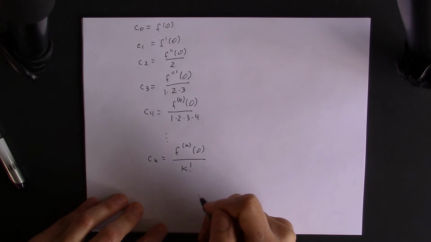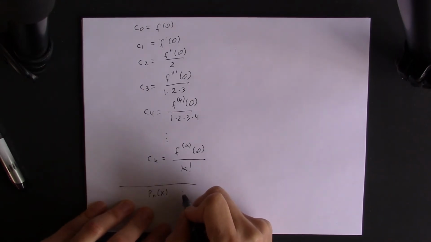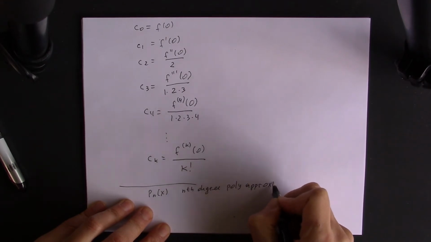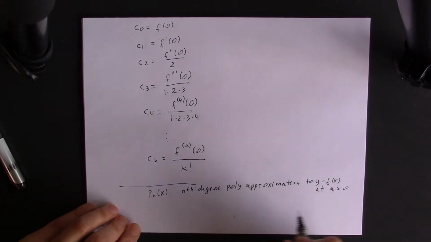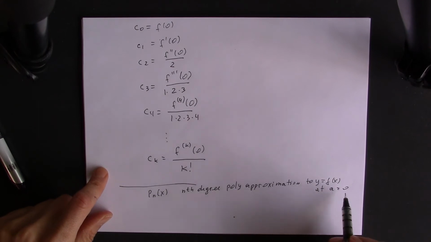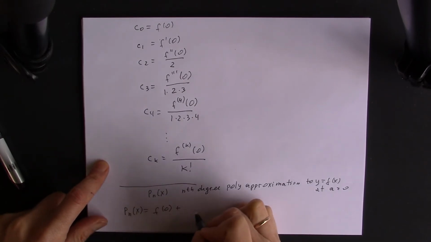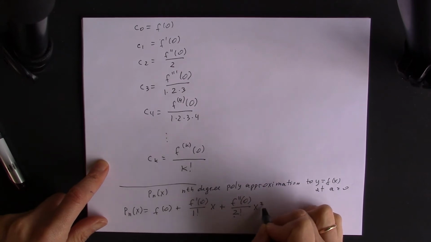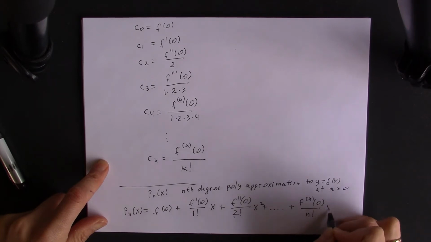If Pn is the nth degree polynomial approximation to y equals f of x at a equals 0, then we get the formula Pn of x equals f of 0 plus f prime of 0 over 1 factorial times x plus the second derivative at 0 over 2 factorial times x squared plus and so on, all the way to the nth derivative of the function at 0 over n factorial times x to the n.